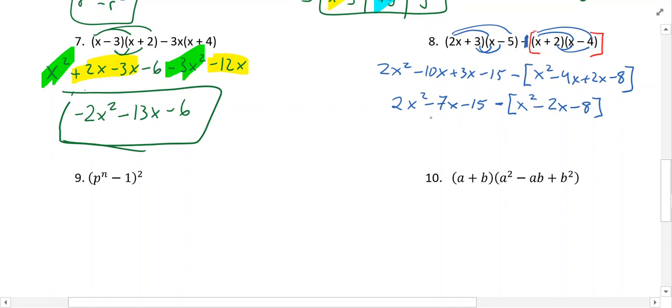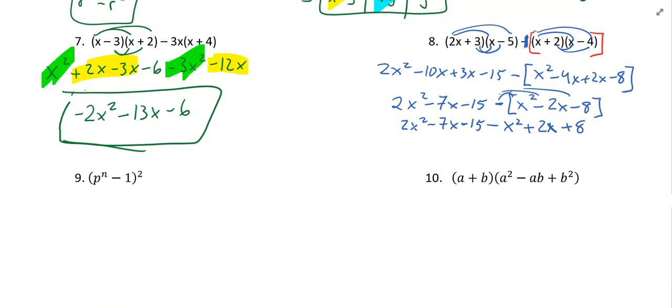All right, so I'm just going to bring down this left-hand side again. 2x squared minus 7x minus 15. Then I'm going to distribute this negative to all three terms. So now I have a negative x squared, a positive 2x, and a positive 8. So now I can combine whatever like terms I have. So 2x squared and negative x squared is going to leave me with just a 1x squared.